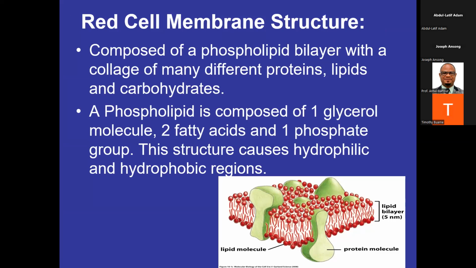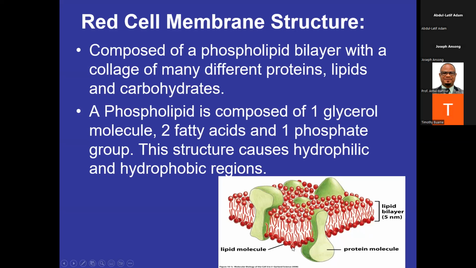Within the phospholipid bilayer, there are different proteins and carbohydrates. One phospholipid has one glycerol molecule, two fatty acids, and one phosphate group, and the structure creates hydrophilic and hydrophobic regions.